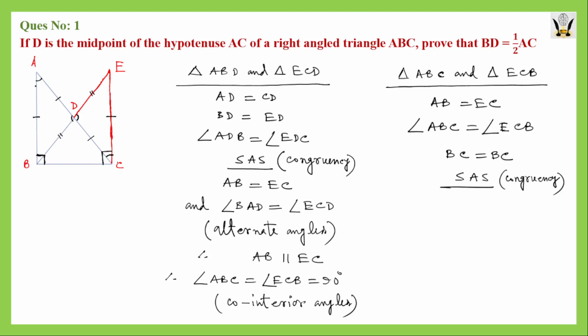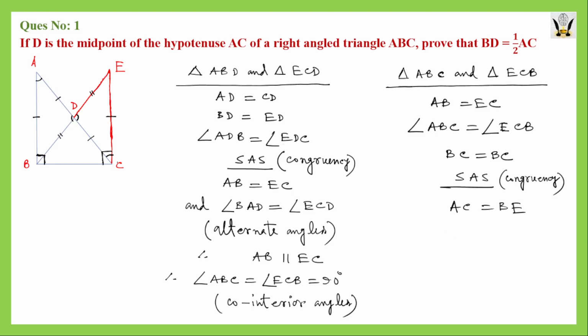That means between these two triangles again we have side angle side, SAS congruency. So if they are congruent triangles, then we can conclude that AC will be equal to BE.